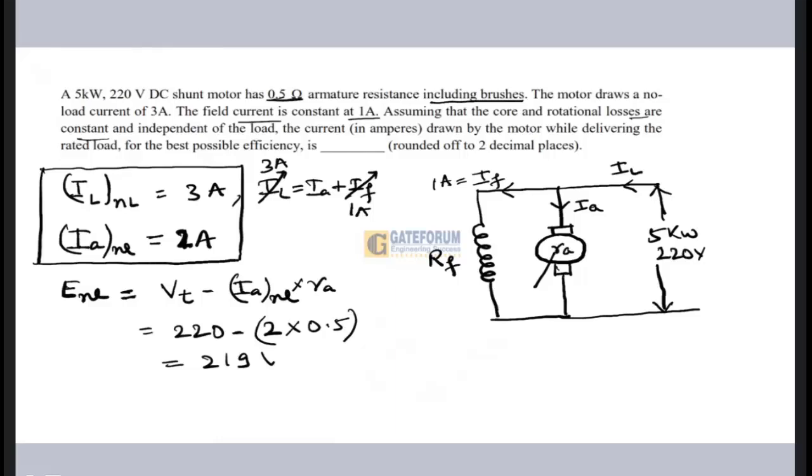So you can calculate the developed power at no load. Developed power will be equal to no load EMF times no load armature current. The back EMF here is 219 volt, and the no load armature current is 2, so that is 438 watt.